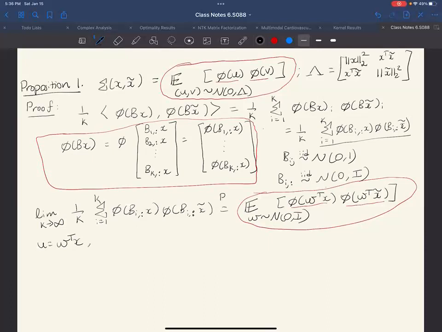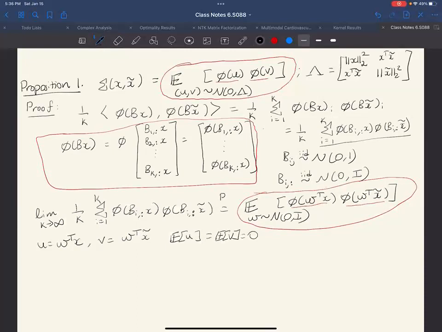So let U equal W transpose x, let V equal W transpose x tilde. Now these are Gaussian random variables because they're a linear combination of Gaussian random variables. Their mean is still 0, so the expectation of U and the expectation of V equal 0. These are scalars.